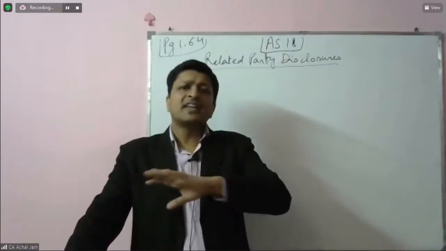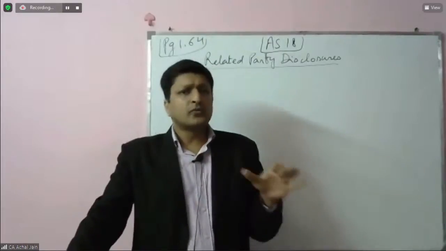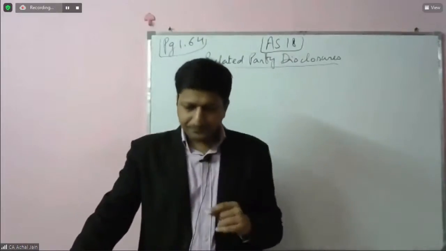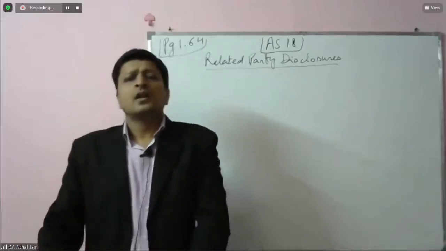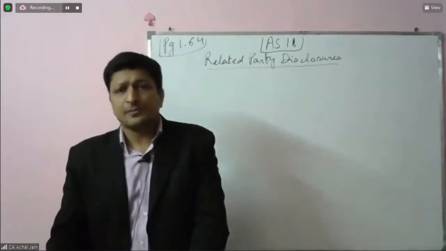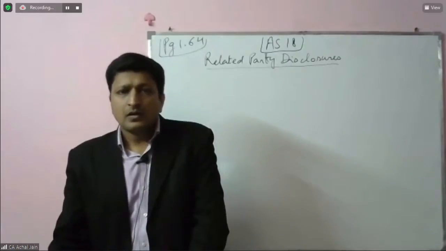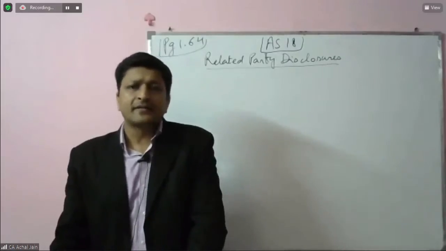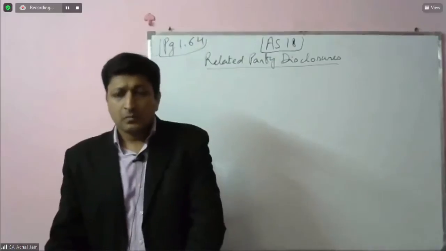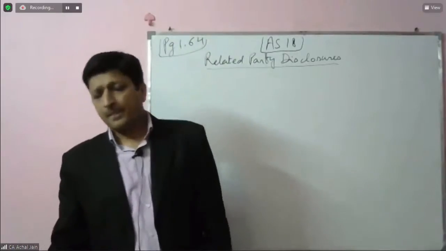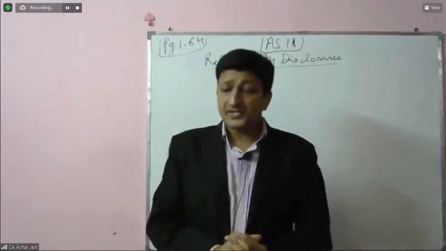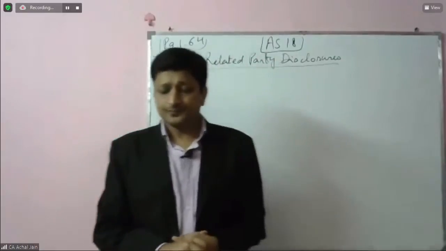I'm just talking in very, very simple language for the time being. Now, because of this relationship, what can be the impact or what can be the problems in the financial statements? Let's try to understand that.